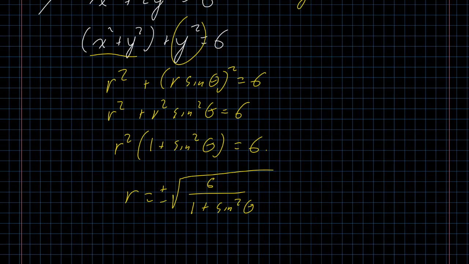I guess it should be a plus or minus there. But generally speaking, polar equations tend to take care of that without too much issue. So I'm not too worried about the specifics there. Just the idea of playing around and being able to take equations that are in polar form and rewrite them in rectangular form, take equations that are in rectangular form and rewrite them in polar form.